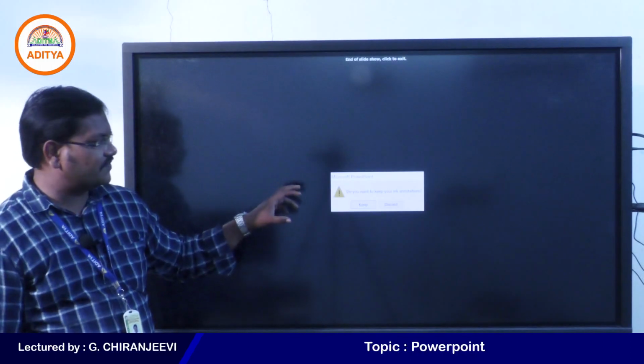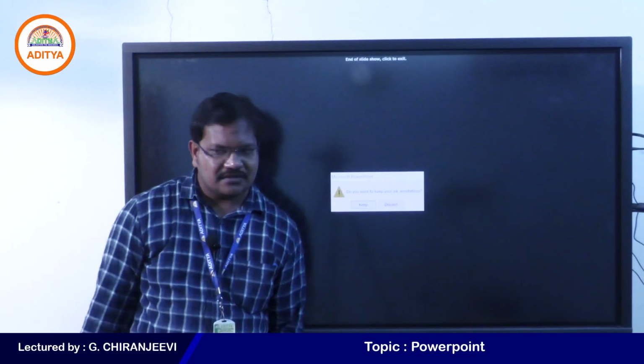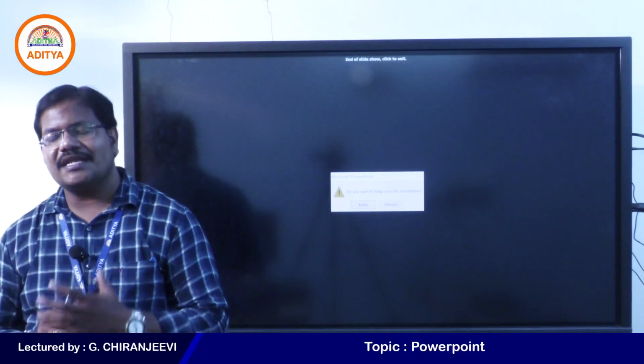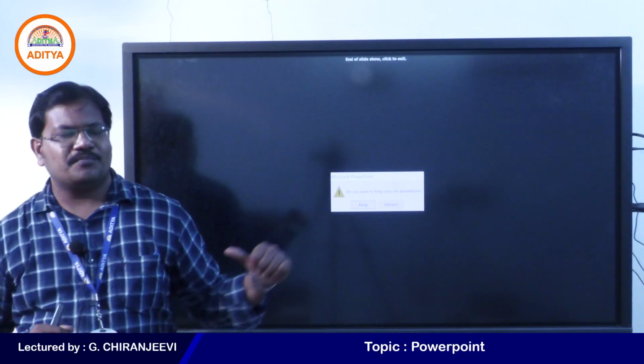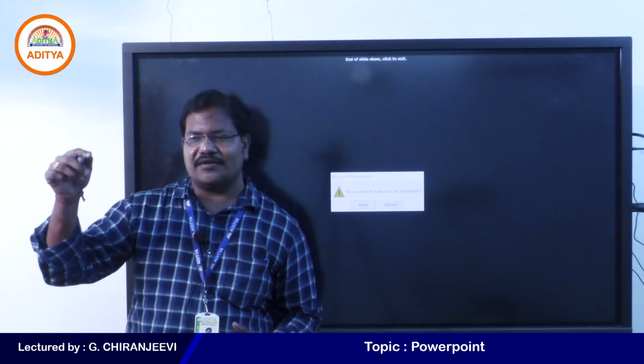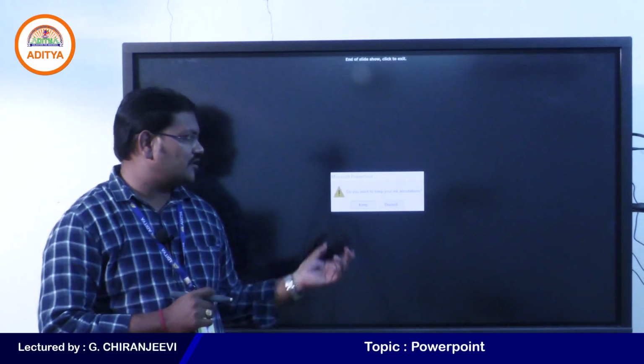It asks: do you want to keep your ink annotations? What are ink annotations here? Previously you saw that I wrote something on the PPT with the marker. Do you want to keep the changes? If you want to keep the changes, simply click on keep.